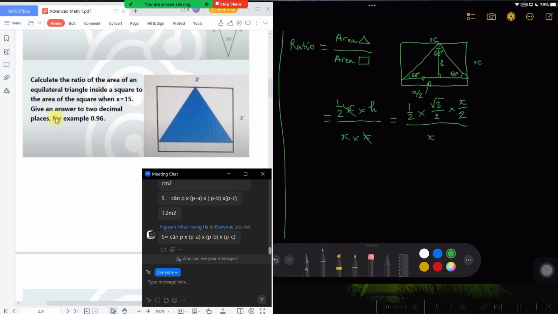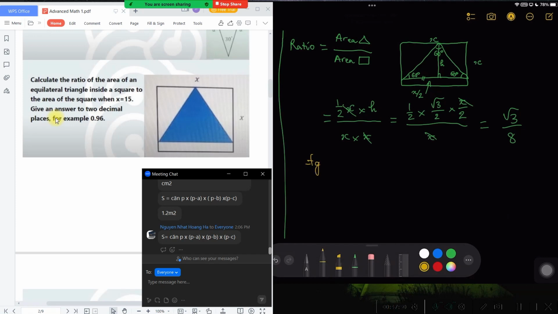Do I make a mistake somewhere? I wonder if I make a mistake somewhere, because I can eliminate them now. So it's going to be, is it square root of 3 by 8, is it? Not sure, okay? Not sure if I make a mistake somehow. Okay, let me check again.